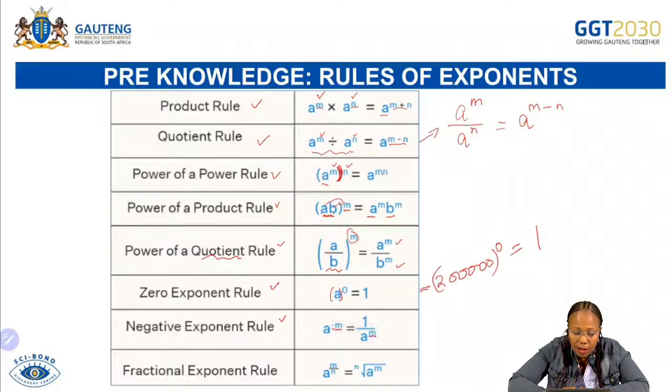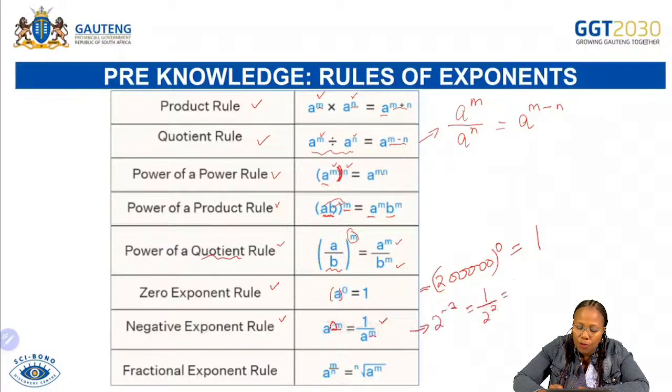But look at this now. After forming a fraction here, that negative does not appear anymore on your exponent there. Okay, that simply means now if I'm having 2 to the power minus 2, this will be equal to 1 over 2 to the power 2, which is 1 over 4, great job.